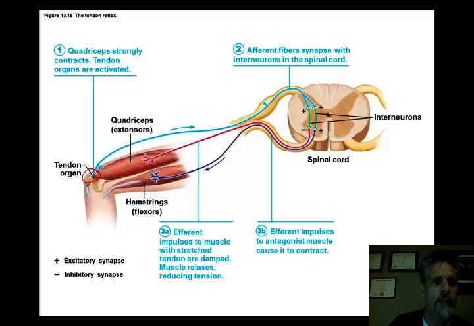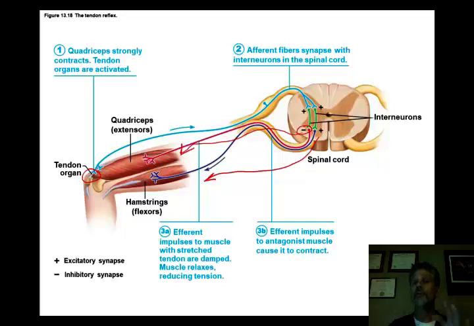So what we have here is, when those quadriceps in this case are contracting and we're pulling on the tendon, there's a reflexive arc that goes in and comes out. And when we look at it, in this case, we have an inhibitory reflexive response that goes to the quadriceps muscle and a stimulatory response that goes to the hamstrings here to kind of mediate and say, oh, let's slow this down a little bit.